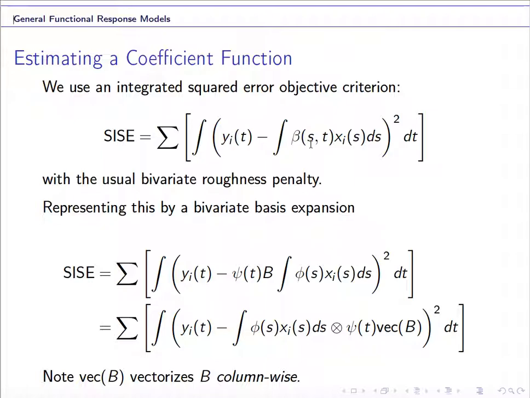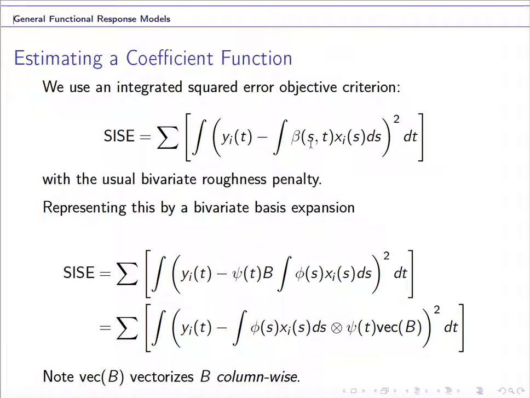Now you will have these kl coefficients, and then you will have the double summation over k and over l. So this is how you construct these bivariate basis functions using the tensor product of two univariate basis functions.